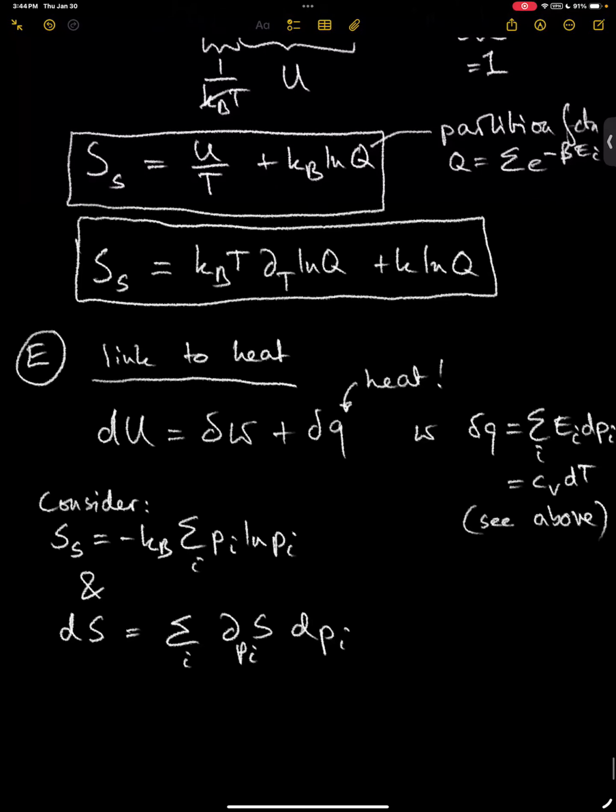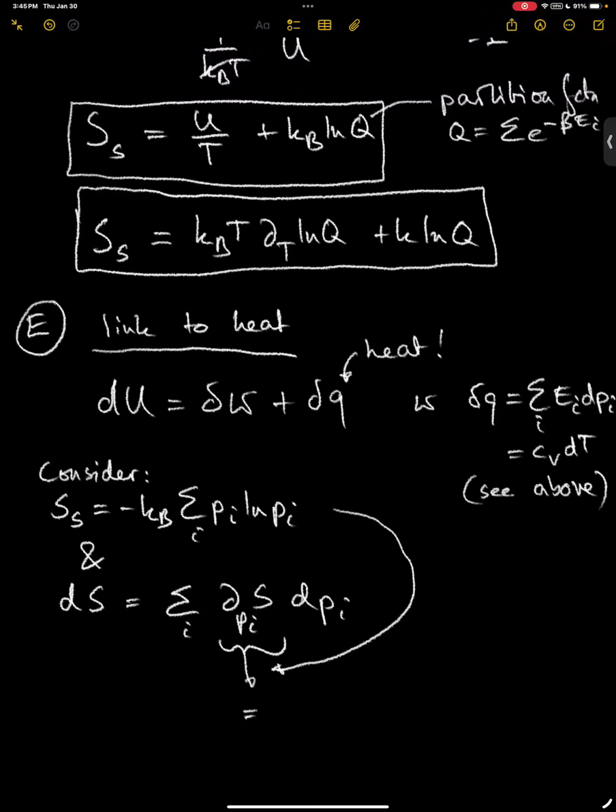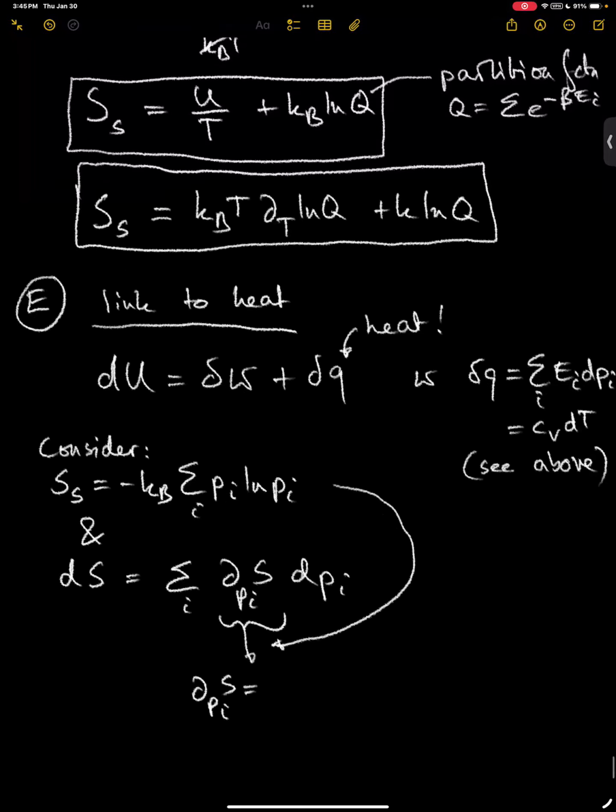Now, what is this derivative? We can simply look at the above equation, which will tell us that if I differentiate my dS with respect to dp, I have minus kB. And now I differentiate the sum over states i with respect to one of the terms.